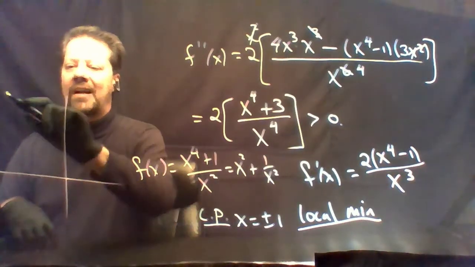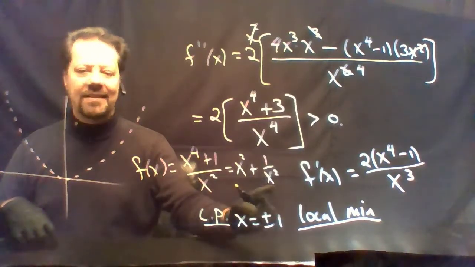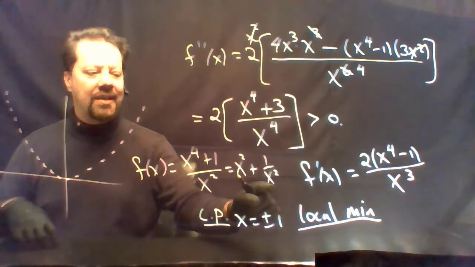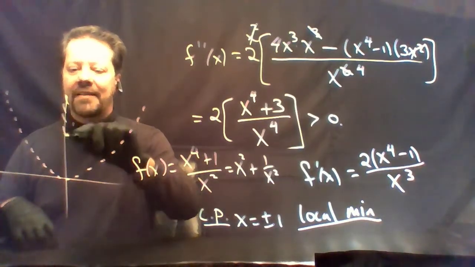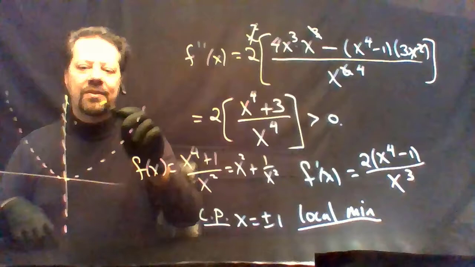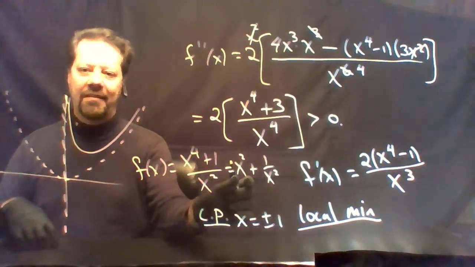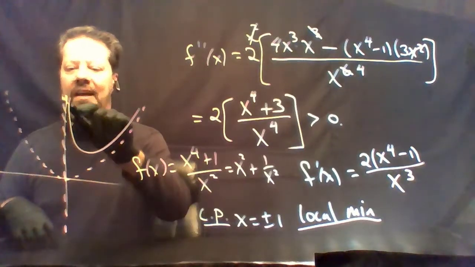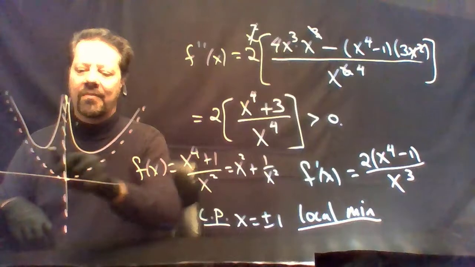So if we draw in that parabola like this, also note that as x gets closer and closer to 0 on each side, this function blows up and goes to positive infinity. So the curve will do something like this, always a little bit above the curve y equals x squared, and asymptotic to going to infinity at the origin.